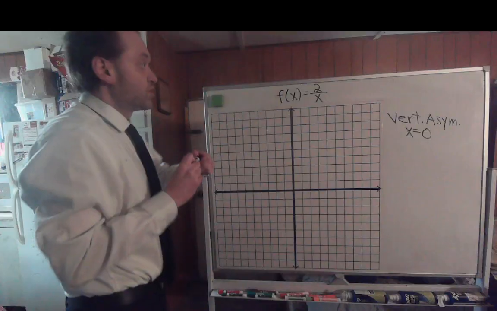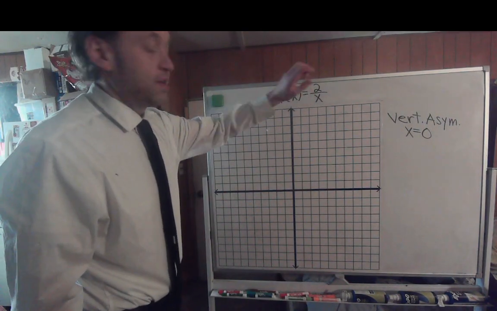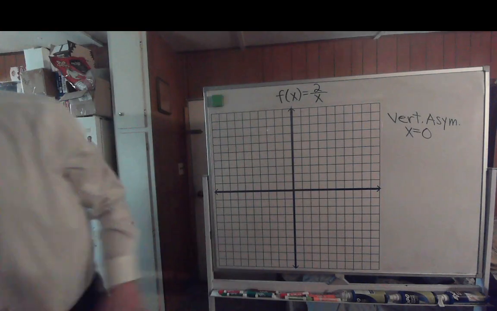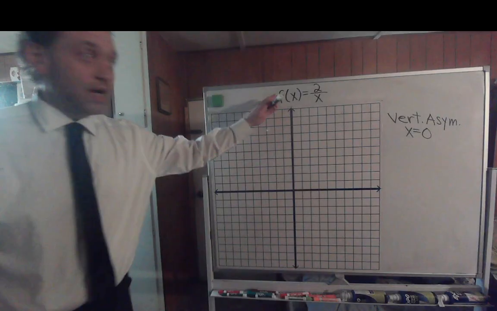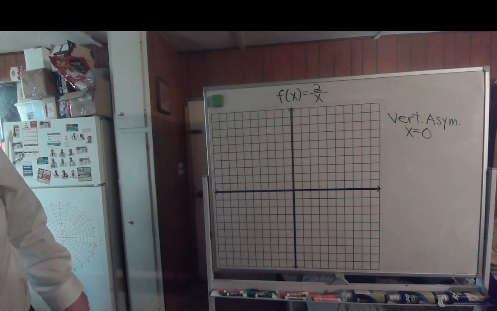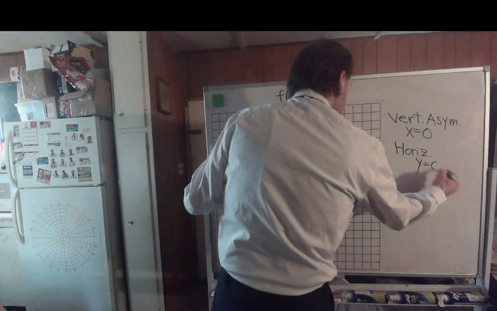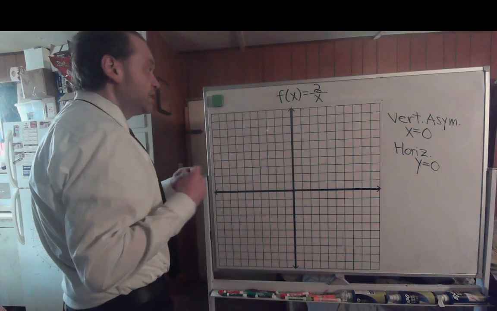And then since the degree of the numerator is less than the degree of the denominator, you have a default horizontal asymptote of y equals 0. So you'll have a horizontal asymptote at y equals 0. So that's pretty easy. Now let's just go ahead and plot this here.